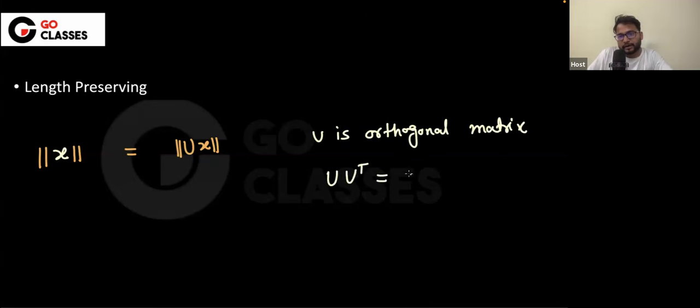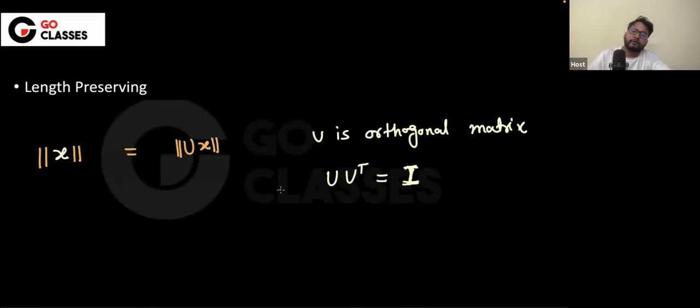U here is an orthogonal matrix. What is an orthogonal matrix? U is orthogonal, which means U into U transpose is identity. So this is the identity matrix. Now we want to prove that if you multiply this x by U, then the length of x doesn't change.